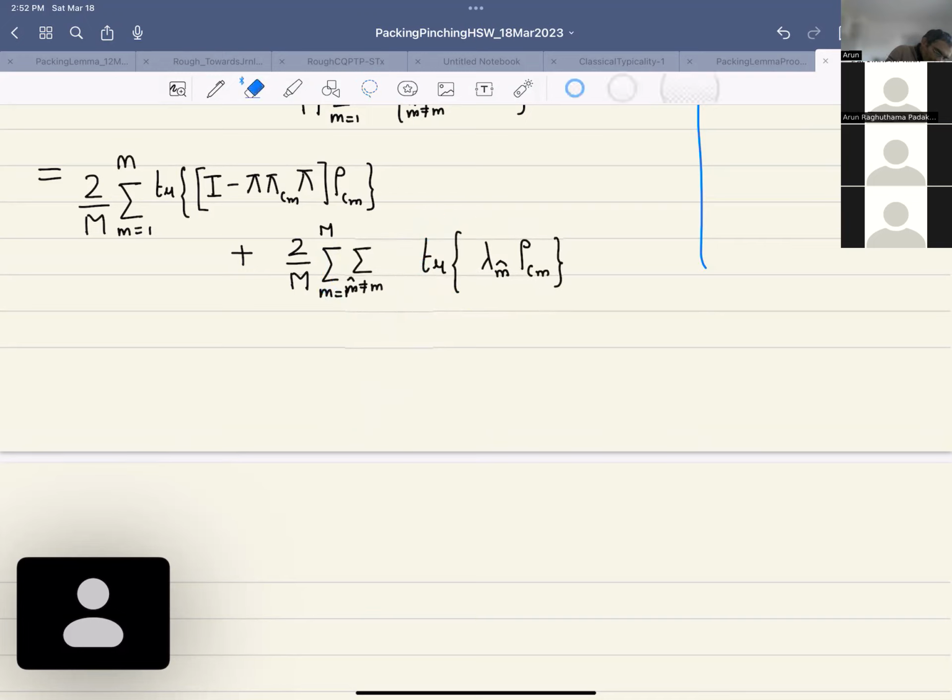So I'll be careful here. Pi C m hat. So m hat is not equal to m, pi rho Cm. Okay, so let me just pause here if there are any questions so far.